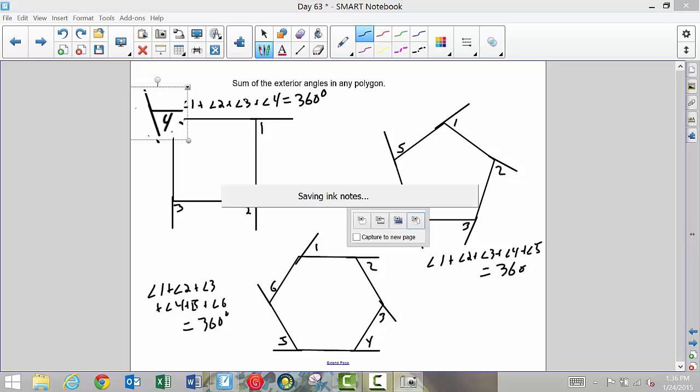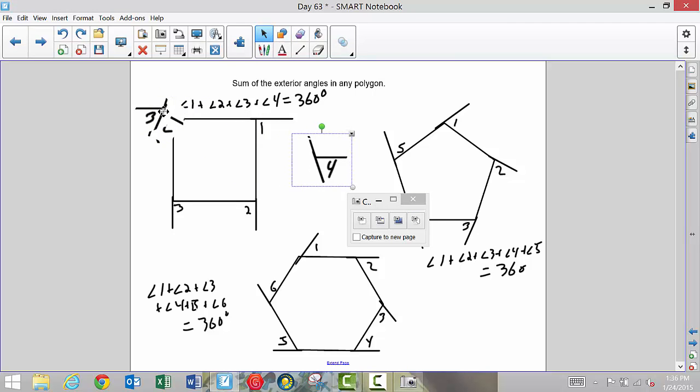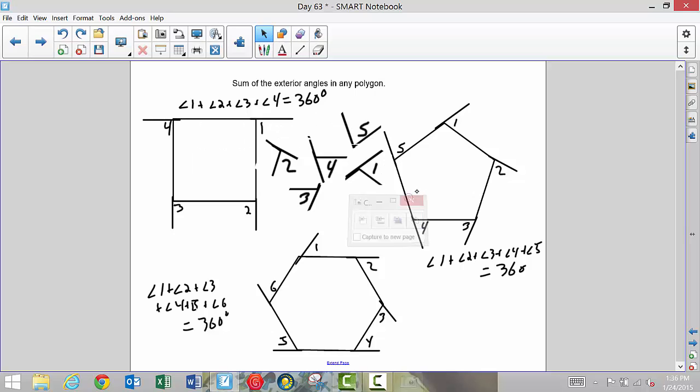So I'm copying these angles. I have all 5 angles. I'll show you that I can actually make a circle out of these 5 angles.